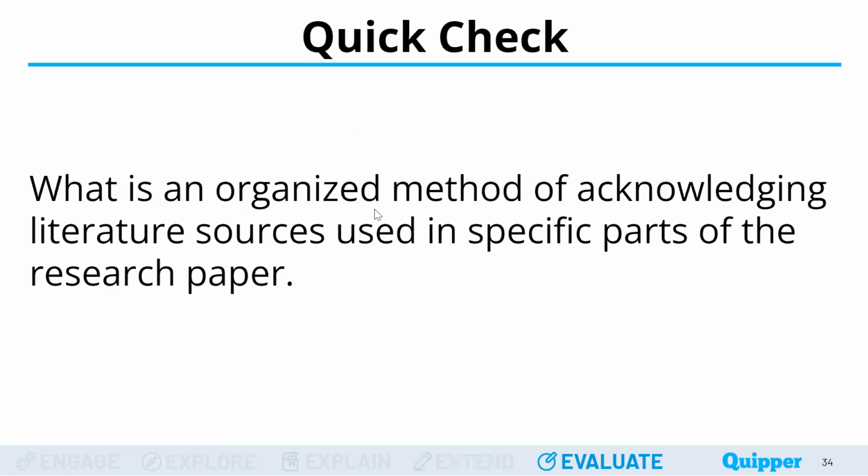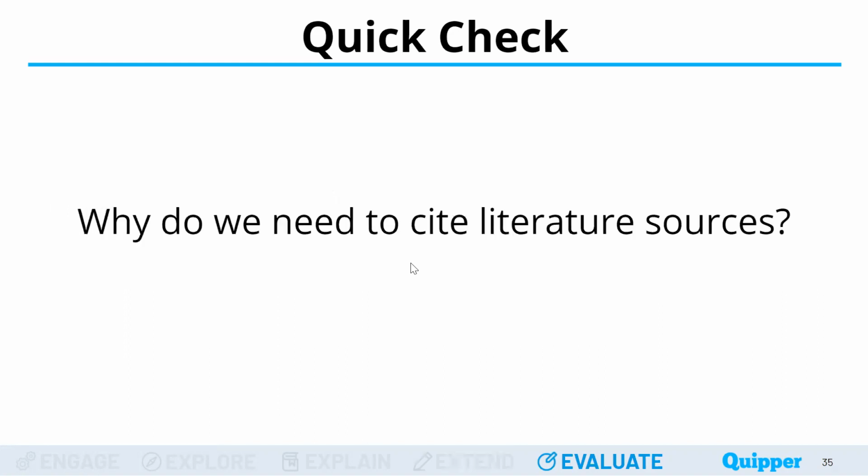So what is an organized method of acknowledging literature resources used in specific parts of the research paper? So ang sagot dito is citation. So why do we need to cite literature resources? So it can help the readers and writer to better understand the part with system, ganon, and syempre yung credibility din.